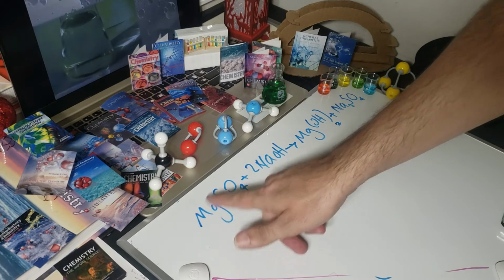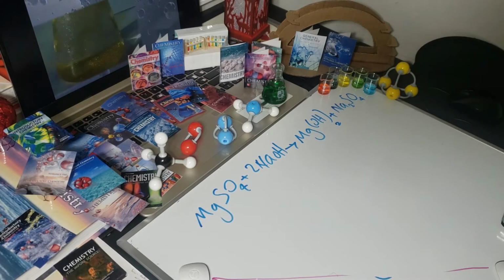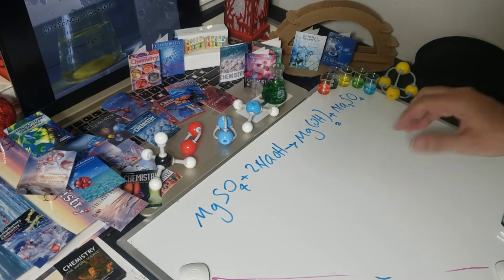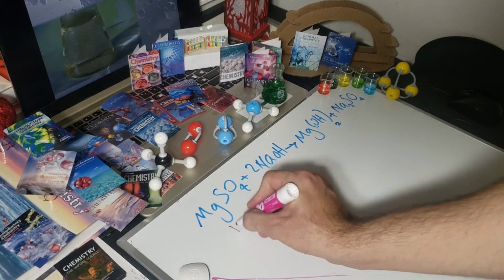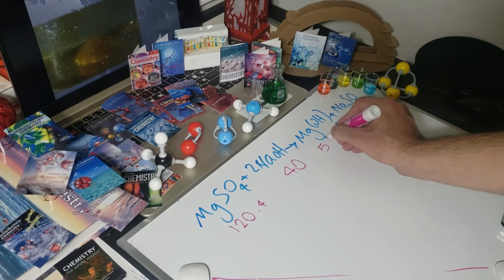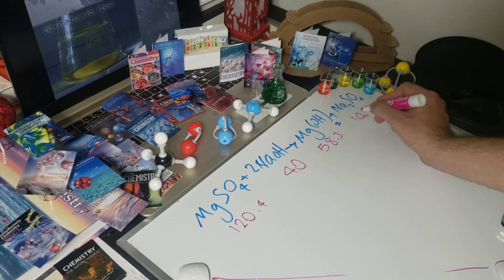I have 1 mole of this, 2 moles of this, 1 mole of this, and 1 mole of that. So that's a little bit more complex because I have 2 moles of this. Okay, so I have to have another table that gives me different numbers. Let me also write down the molar masses: 121, 40 grams, 58.3, and 140.